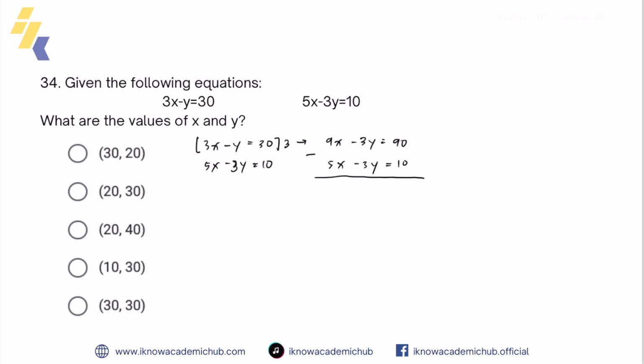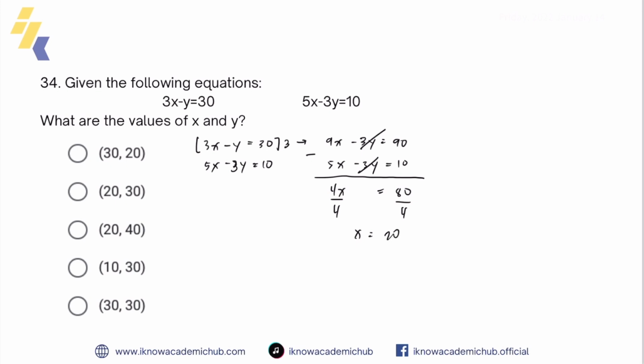And we have to subtract the two equations. 9 minus 5 is 4. 4x. Negative 3y minus negative 3y is just 0, is equal to 90 minus 10 is 80. Divide both sides by 4. We get x equal to 20.